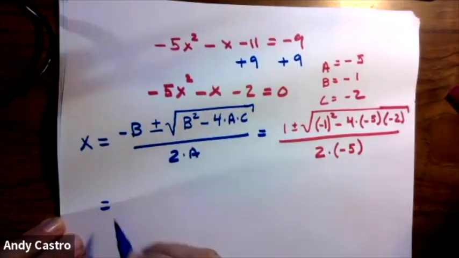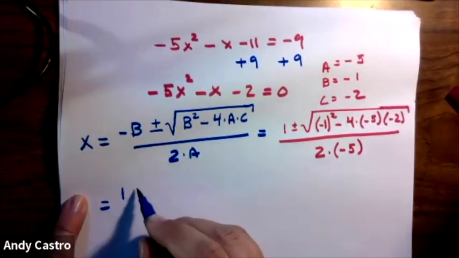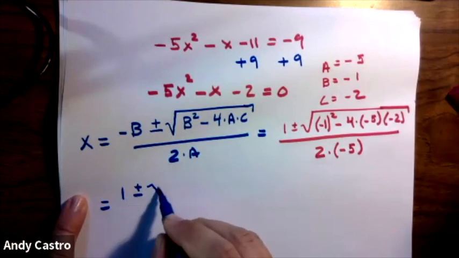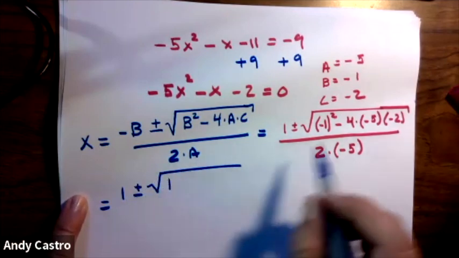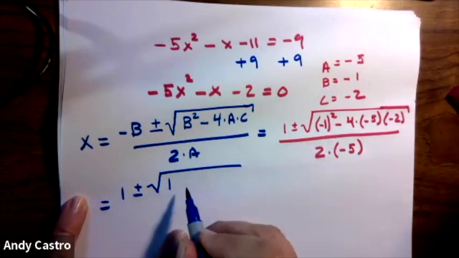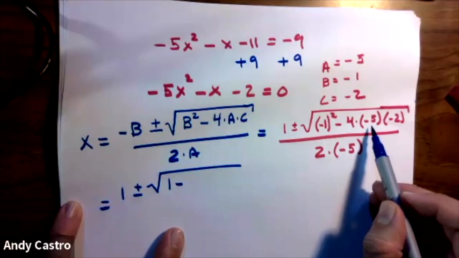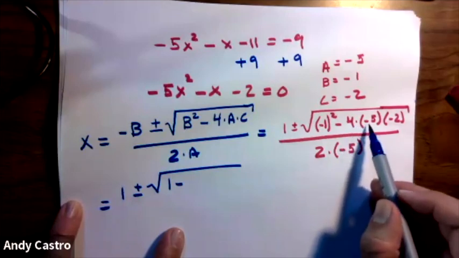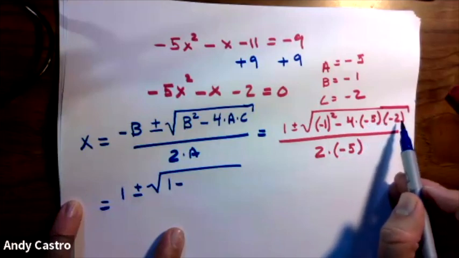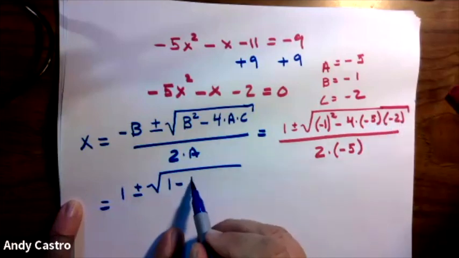All right. So we have 1 plus or minus the square root of 1, negative 1 squared is just 1, minus 4 times negative 5, that's negative 20, and negative 20 times negative 2 is positive 40.